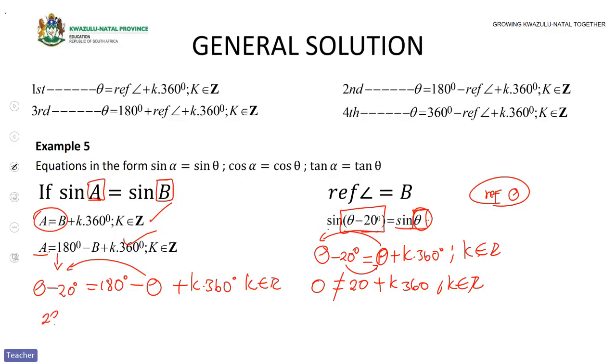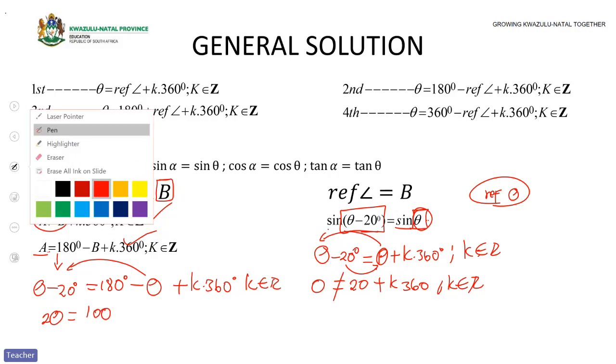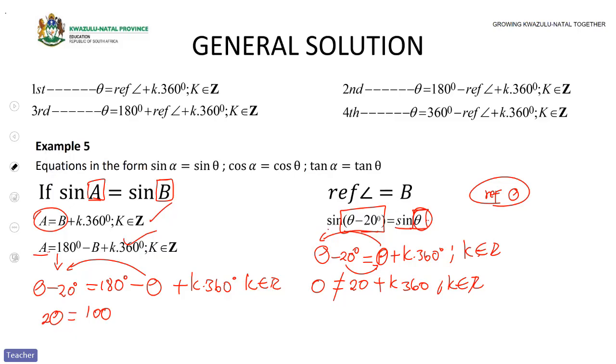It's going to be 2 theta equals, if we take 20 to the other side, 180 plus 20. It's going to be 200 plus K times 360, where K is an element of all integers.